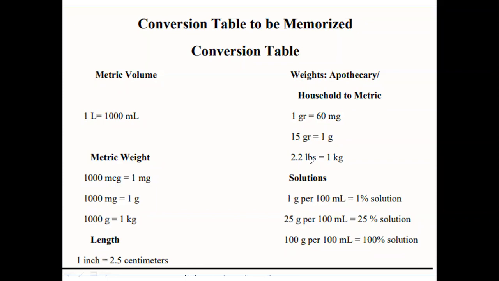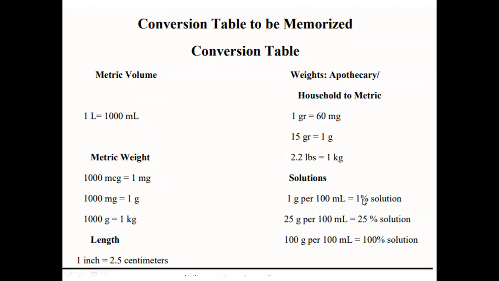So in NCLEX board, when you found any patient body weight mentioning in pound, you must convert it to kilogram. So when pound convert to kilogram, it will be divided by 2.2, right? Because a smaller unit will convert to bigger unit.